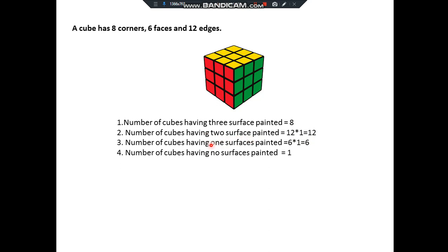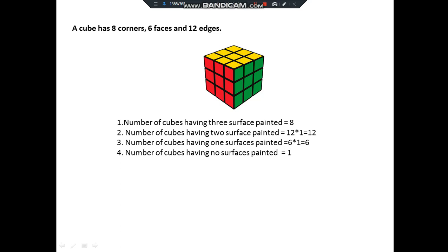Then the number of cubes having 1 surface painted is at the middle of each face. There are 6 faces, so 6 into 1, which is 6. Then the number of cubes having no surface painted: imagine cutting it, all the cubes except the middle one will have a surface painted, and only one cube has no surface painted, so it is 1.